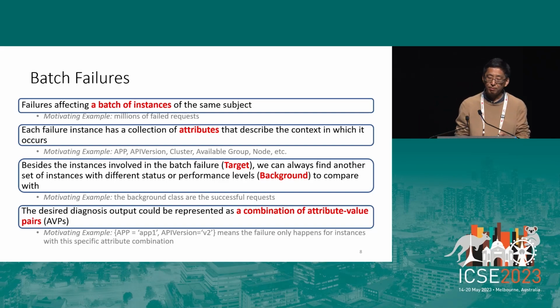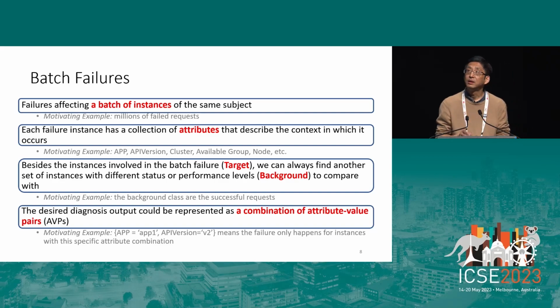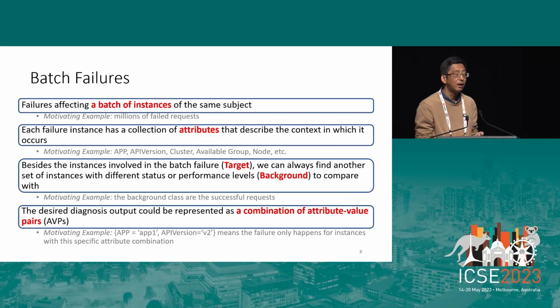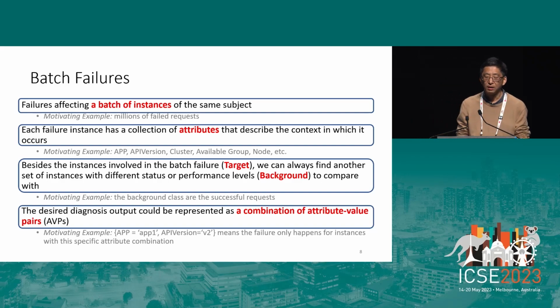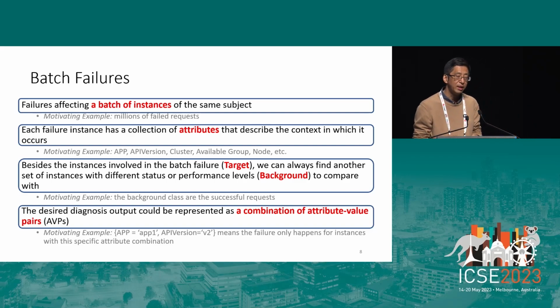And also there are some background noise, background data, and we also have a target data, right? So we need to compare the background data with the target data and try to debug the problem, locate the incident. So we call this kind of problem the problem of diagnosing batch failures.